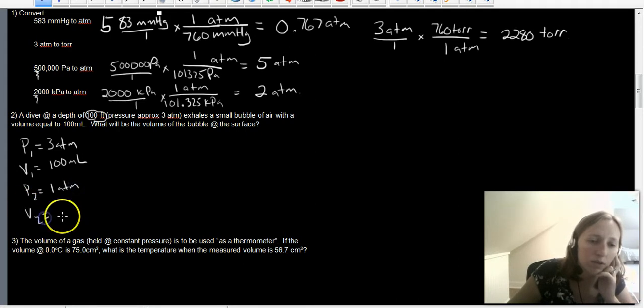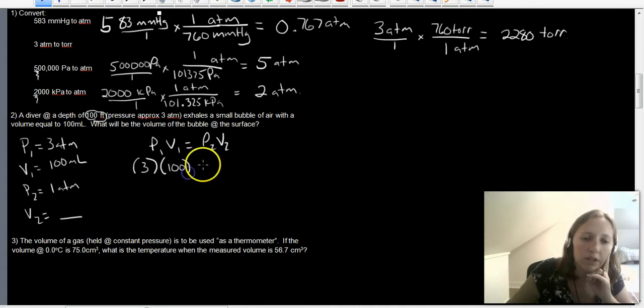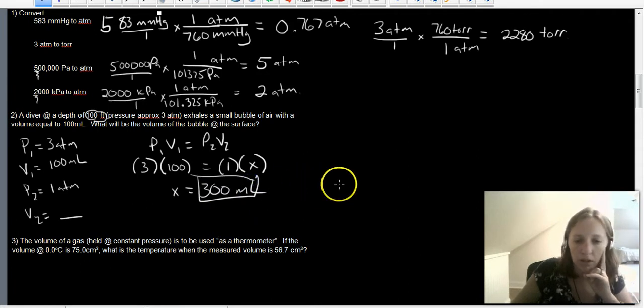And volume 2 we don't know. So P1 V1 equals P2 V2 is your formula. And so that's going to be 3 times 100 equals 1 times x. And that gives you x equals 300 milliliters. Bam. All right.